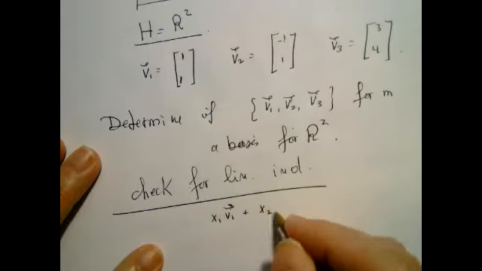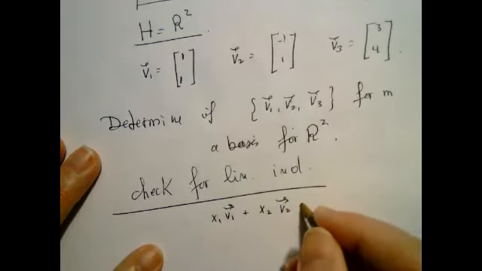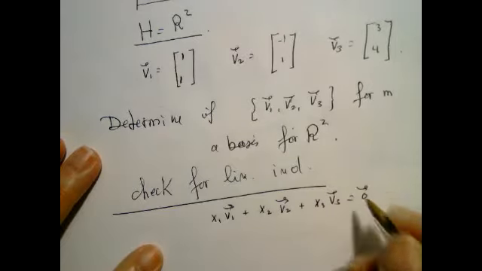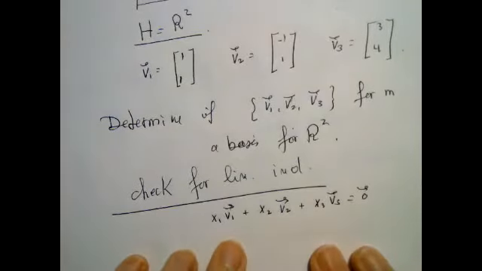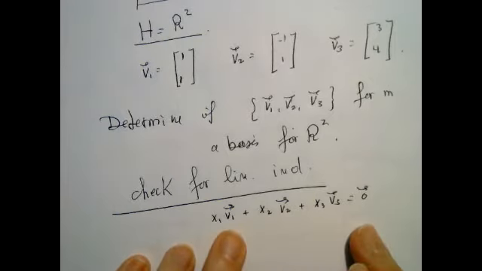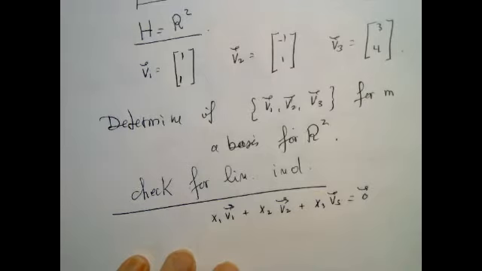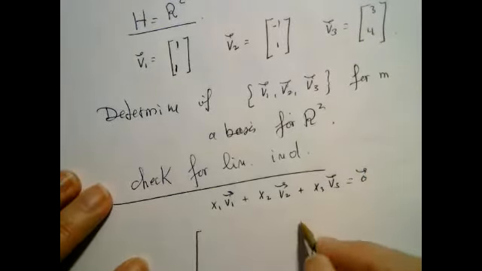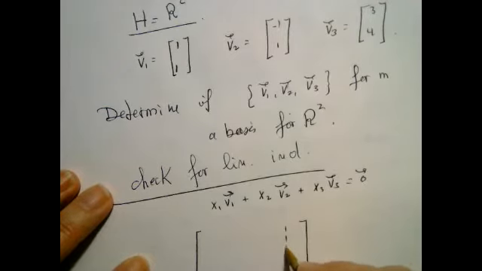It means we solve this equal to 0. Remember how we show linear independence: we solve this vector equation and we ask ourselves, do we have a unique solution or infinitely many? So if I solve this vector equation, how many solutions are we going to have?